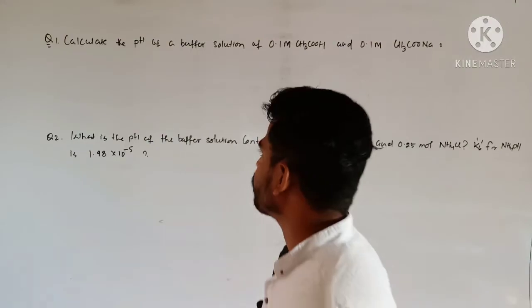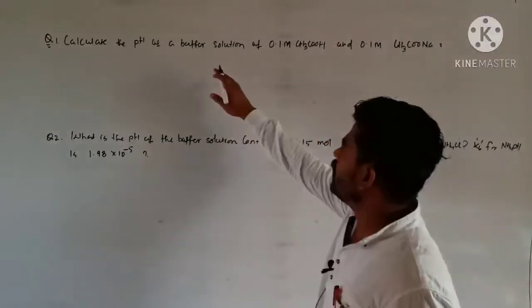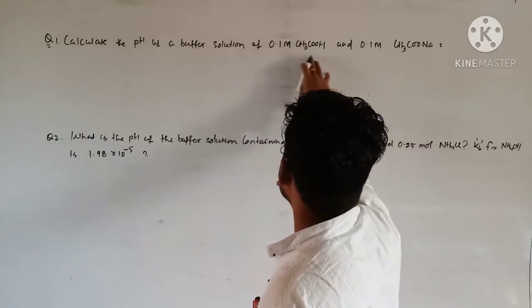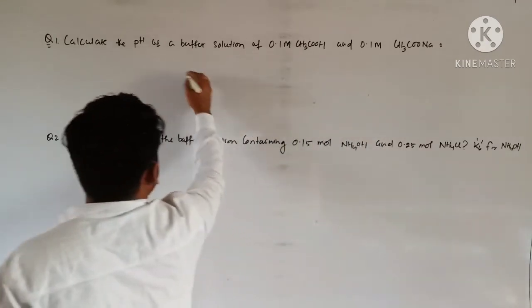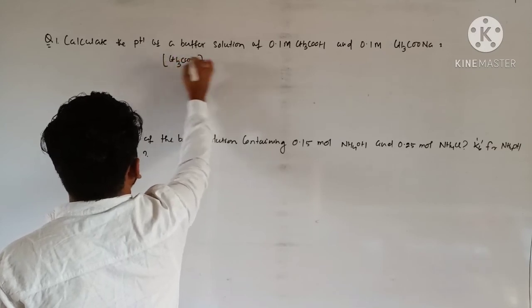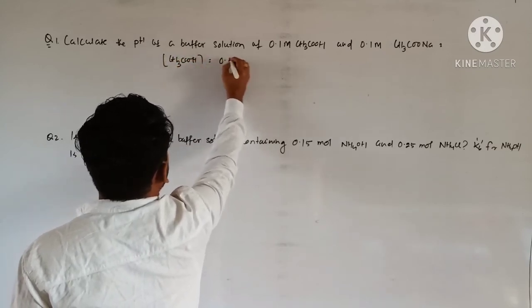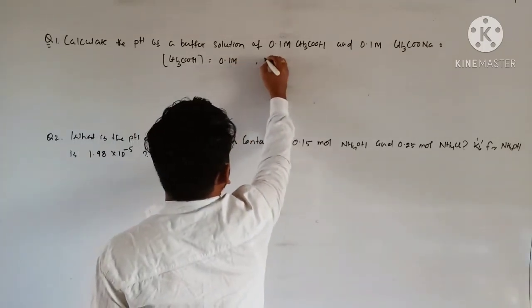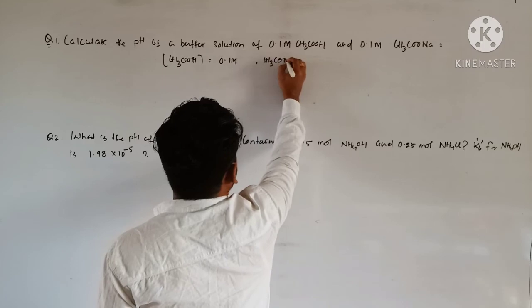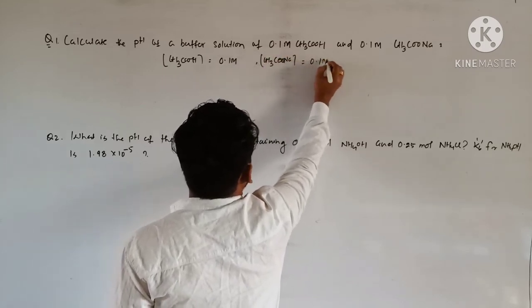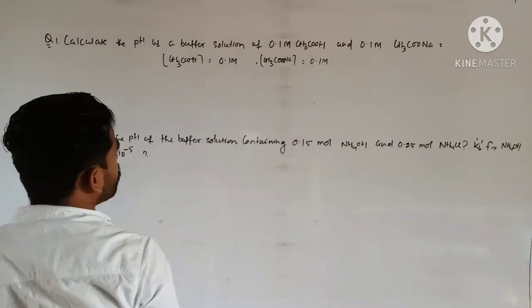Now you see, in this numerical, calculate the pH of a buffer solution of 0.1 M acetic acid. So here the concentration of acid is given as 0.1 M and CH3COONa, that is the concentration of salt, is also given as 0.1 M, and it is asked to calculate the pH.